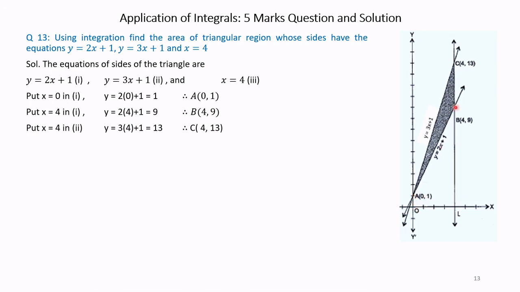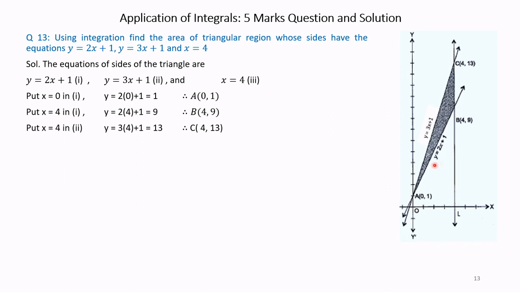Please note here, A is not at the origin, but the point A is (0, 1). X is 0, but y is 1. So it is slightly lifted up. Let us point this CL. CL is the line x is equal to 4, and it meets the x-axis at the point L.